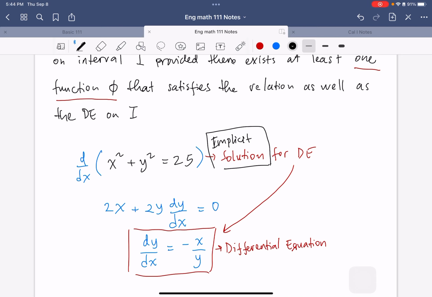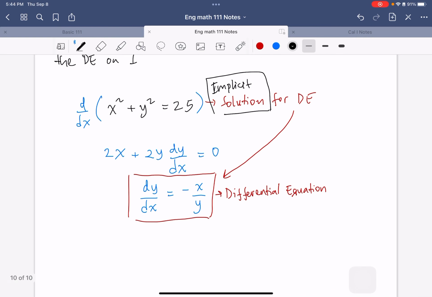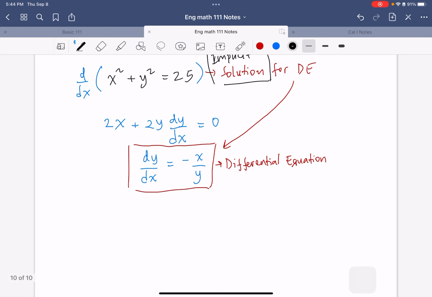And then the interval, we can define the interval because we know and we can visualize that this is a circle. We can define the interval from the radius itself. So let me write it more completely here.